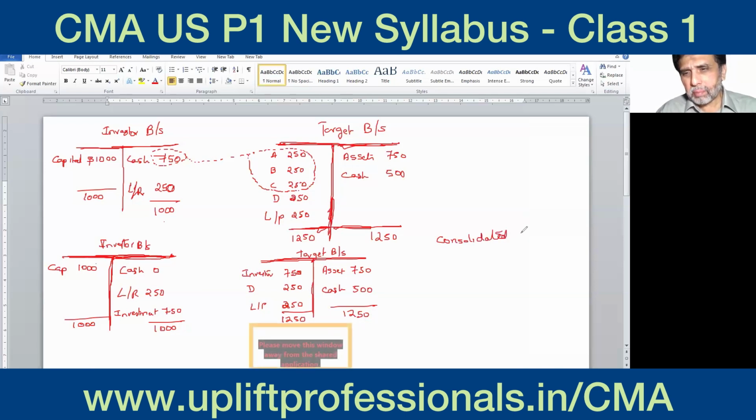I'm showing you the very simple example with just intercompany payables and receivables. But if there is inventory which has been sold from one company to the other, and they have sold it for a profit, that profit should be eliminated. If there is a fixed asset sale, the fixed asset profit should be eliminated.